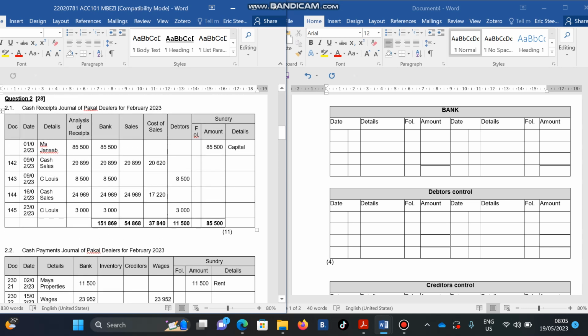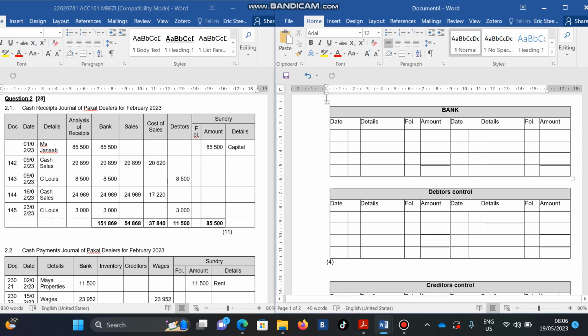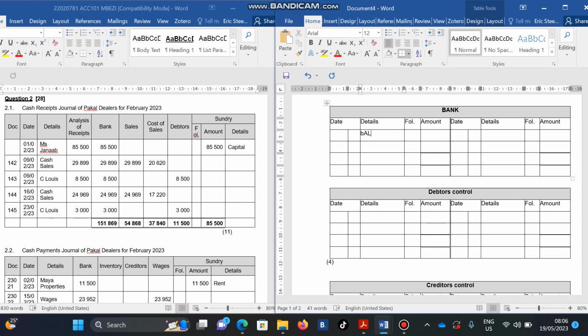Okay, let us start with the bank account. The first thing is to check if you have a balance from the previous month. If you have a balance from the previous month, sometimes it can be favorable or it can be unfavorable. Just assuming it's favorable, we just say balance, folio brought down, BD, brought down, and whatever amount they give you, I'm just going to indicate with an X. That's the balance from the previous month.